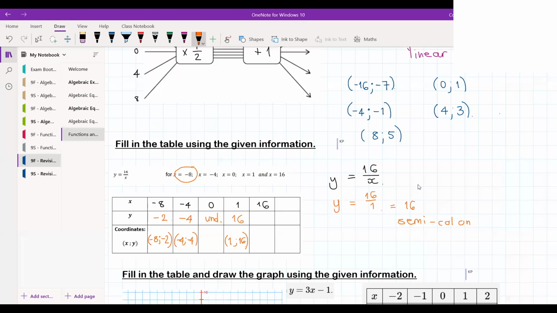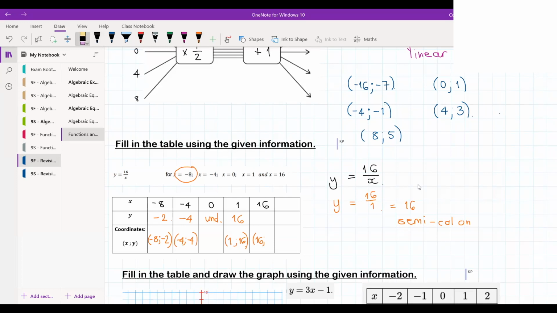When x is 16, what am I going to get as a coordinate? Come on, my sweetie. Here, open bracket, 16, good. What's my y value?